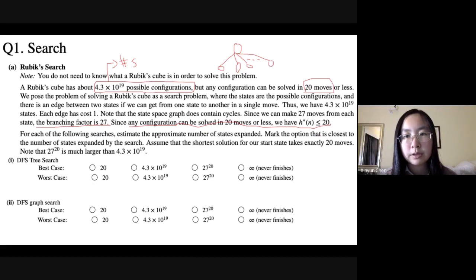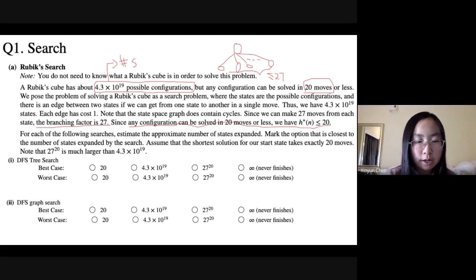So based on this information, we can understand, for all the possible choices of these sub-questions, where these numbers come from.